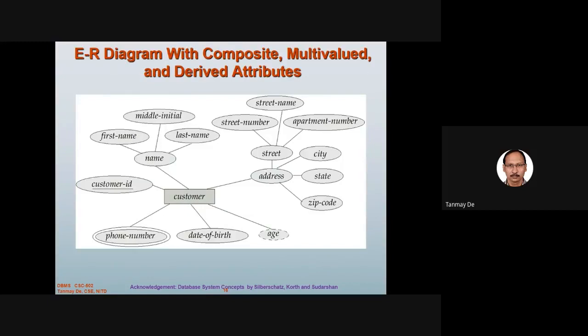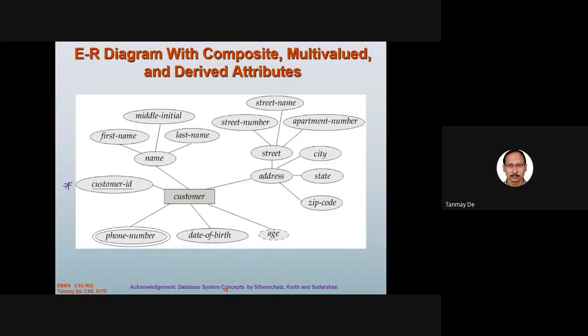Now here are the different kinds of attributes I told you about. Customer ID is the primary key, maybe underlined or marked with an asterisk beside the attribute to signify that it is a primary key, or key, of that entity set.